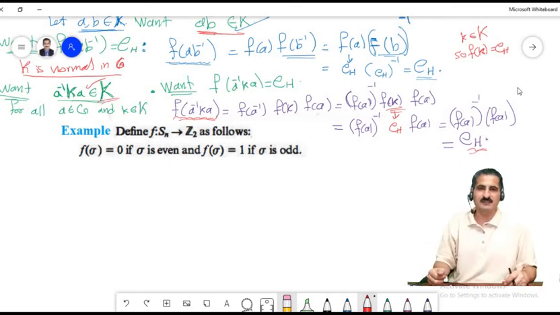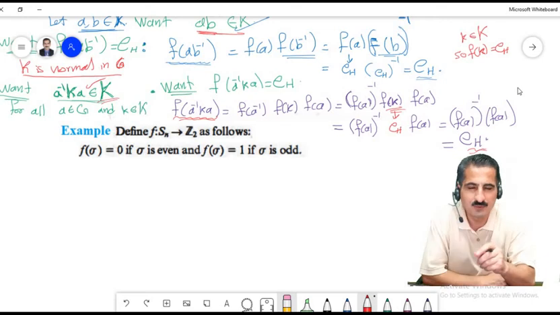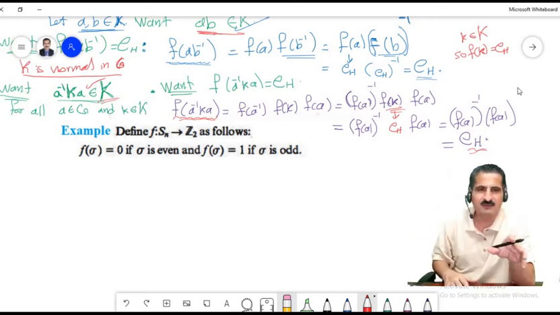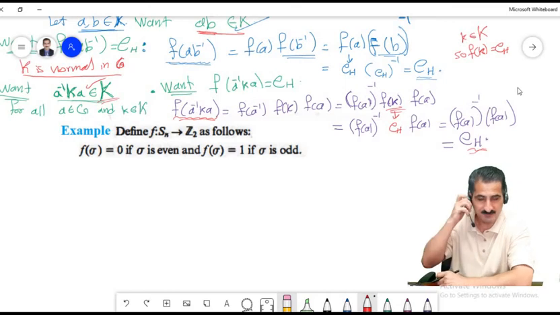So the kernel is not only a subgroup, but it is also a normal subgroup. Write that down in your own language: the kernel of a homomorphism is a normal subgroup of the group in the domain.